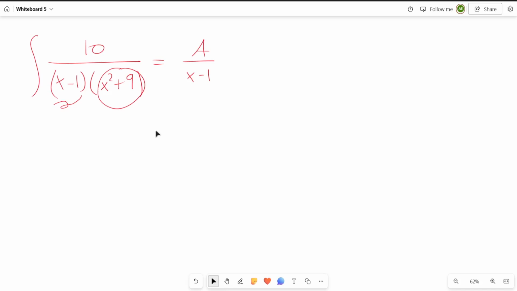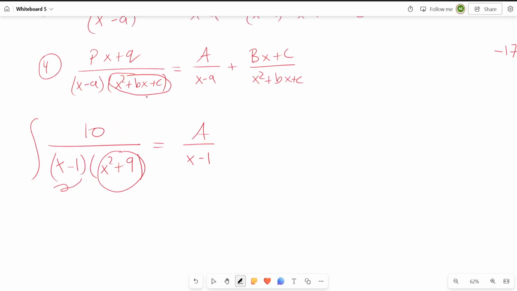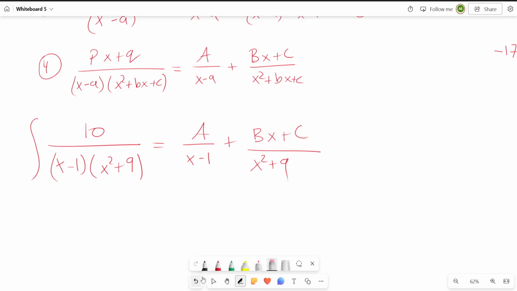However, if it's an irreducible or unfactorizable quadratic, then it's similar to this case over here. So this is going to be Bx plus C over the quadratic factor, which is x squared plus 9. So now I have my integration and my unknowns, which I will need to find.